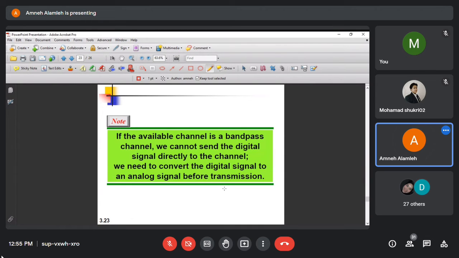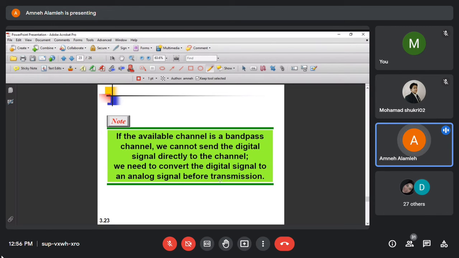here. If the available channel is a bandpass channel, now what is the difference between low pass and band pass?